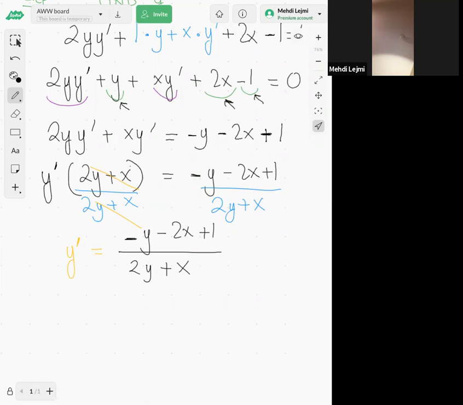Now, second step, we can compute the equation of the tangent line. So for the equation of the tangent line, guys, I'm going to first remind you of the formula.